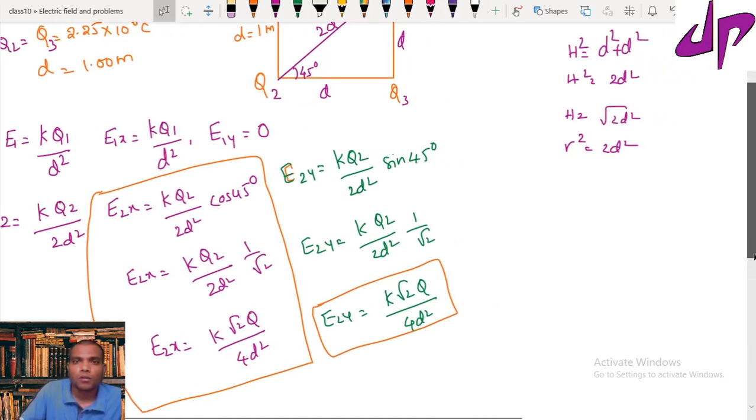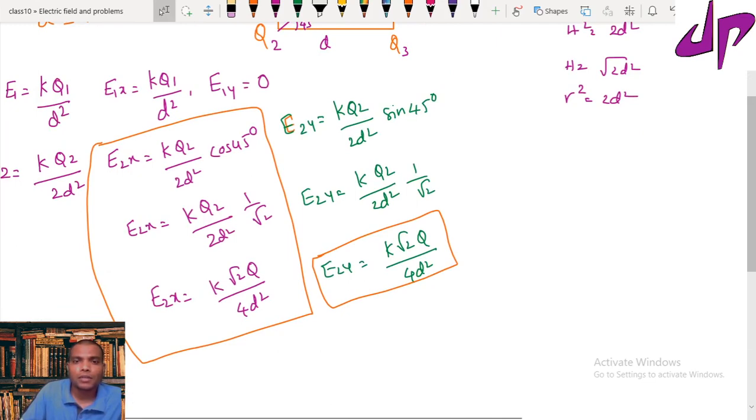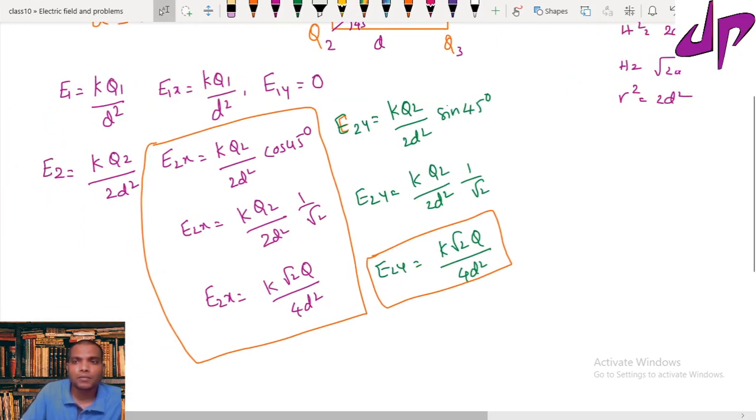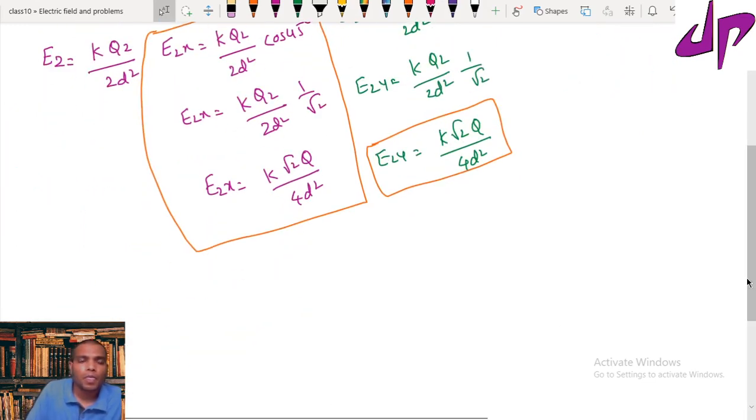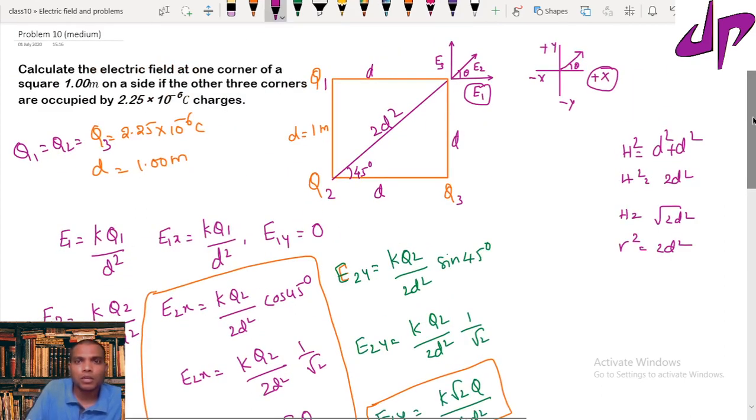Now the electric field due to the third charge, E3. The electric field due to the third charge equals kq3 by... now where is the electric field? The q3 is along the straight line, it means it does not have any x component.